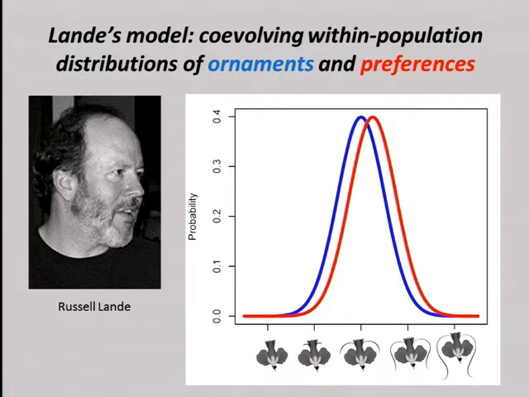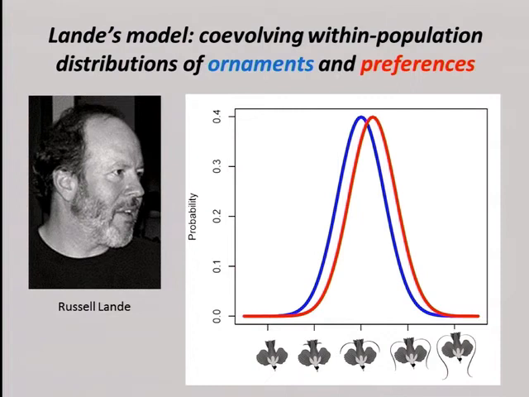And the basic idea in Lande's hands was that you've got a distribution of some male trait. I'm going to call it the ornament, just so you think of something like the peacock's tail, or the size of the peacock's tail. And it's normally distributed in the male population. Here's the average size of the tail plumes in a male bird of paradise, the red bird of paradise, in fact. And then in red, we have a more subtle idea. This is the distribution of female preferences in the population.